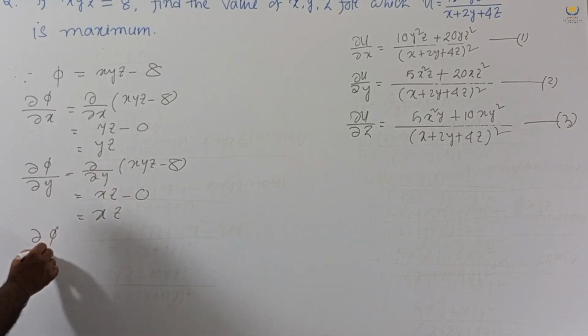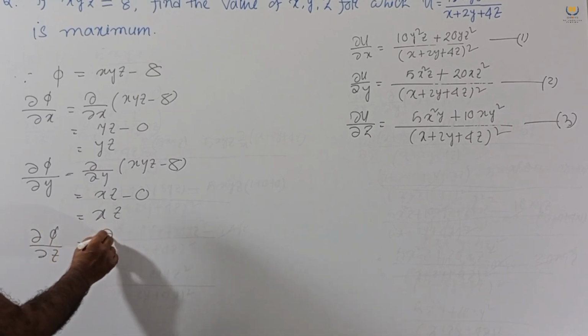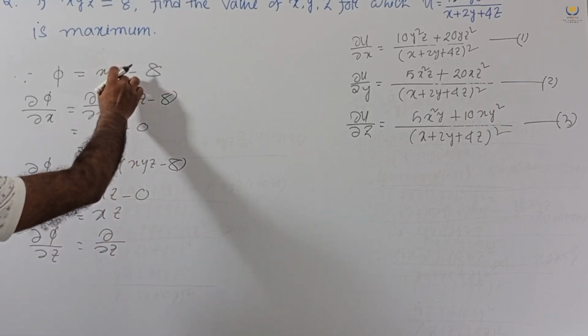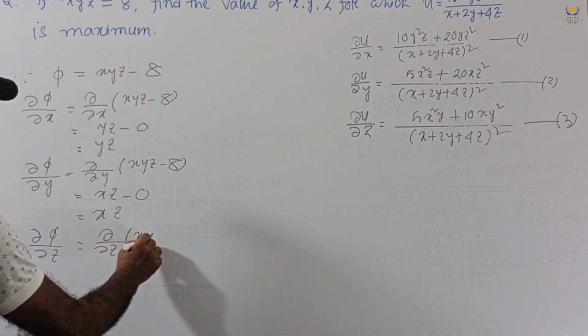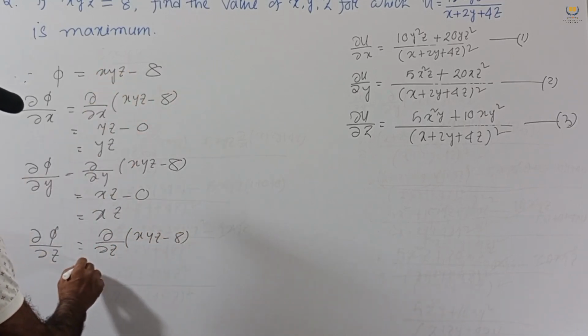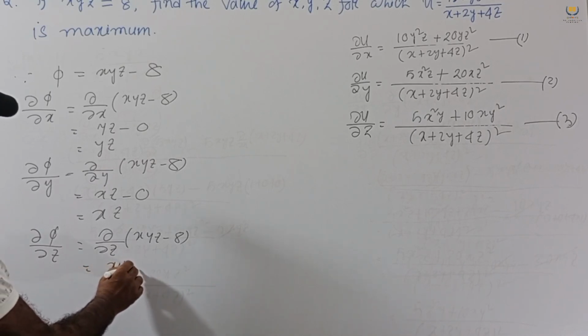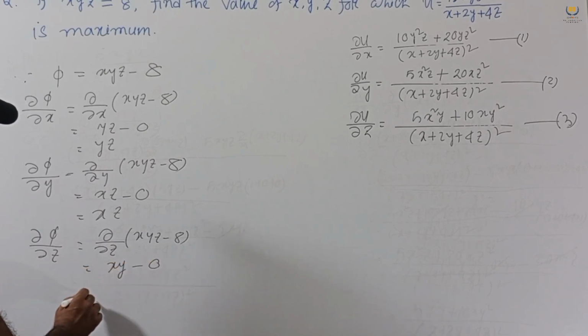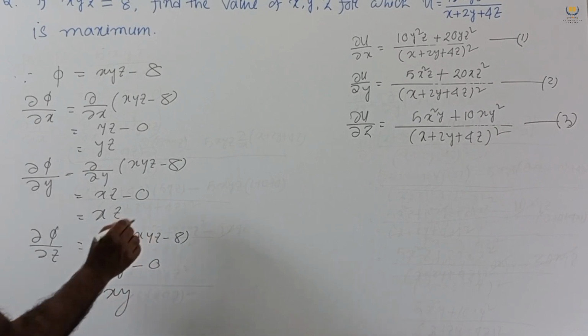And del phi by del z is xy minus 0, that is xy.